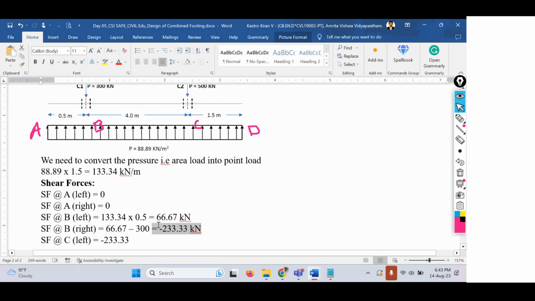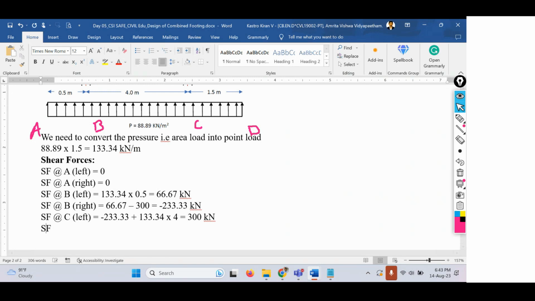So minus 233.33 plus 133.34 into 4. That gives us the total load in terms of positives, that is 300 kilonewtons. That's the shear force at C along the left side. Similarly, shear force at C along the right side.